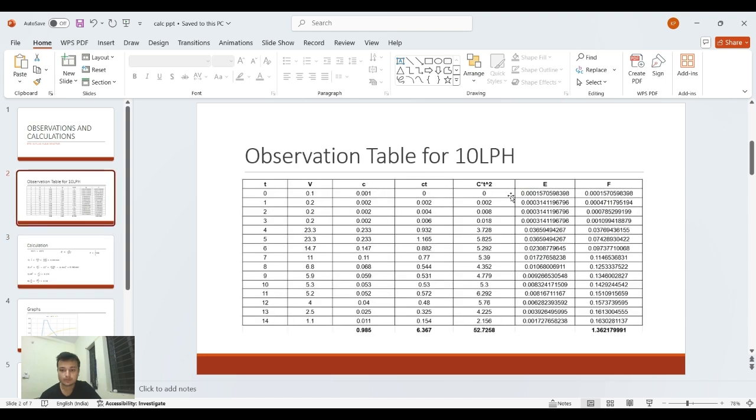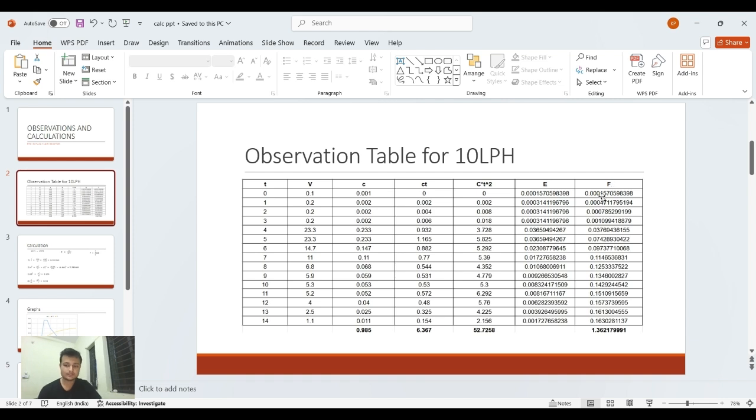So for this value E, here is C and summation of Ct is here. This value upon this value, from here we can get E. So C upon summation of Ct gives E. Similarly, for all the rest of the readings, we can calculate the value of E.